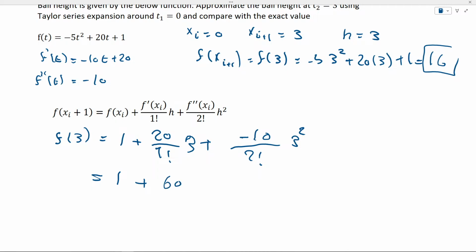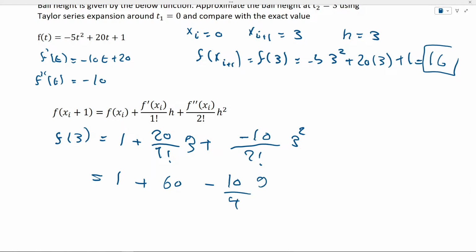From this term, I get minus 10 times 9 over 4.